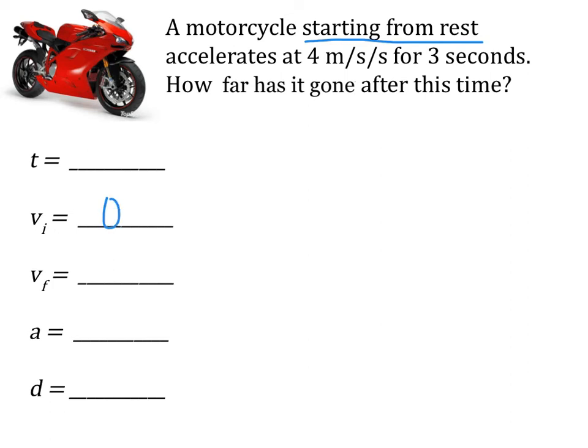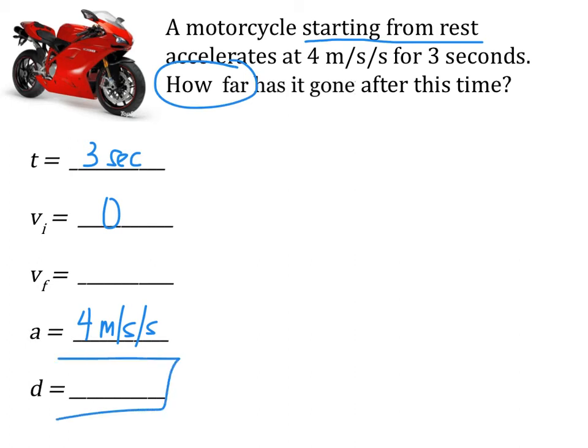We could also read through the problem and see that the acceleration is going to be 4 meters per second squared, and that the time is going to be 3 seconds. Now there's actually two unknowns in this problem. What we are interested this time in is how far it has gone. So this is our question mark here. What's the distance traveled? In this case, we are not asked to find the final velocity, and so we're not going to worry about it.